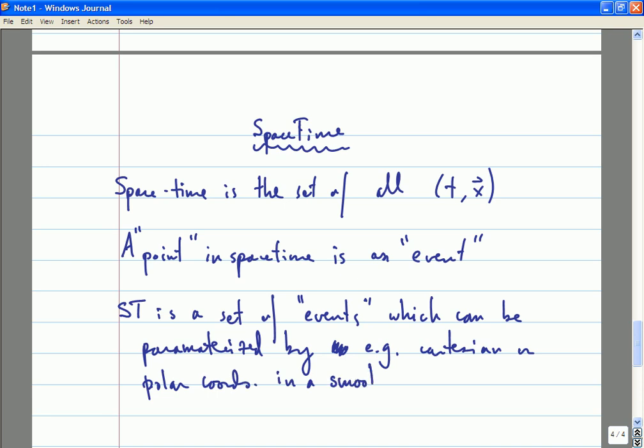What exactly I mean by smooth is something that we will make a bit more precise later.